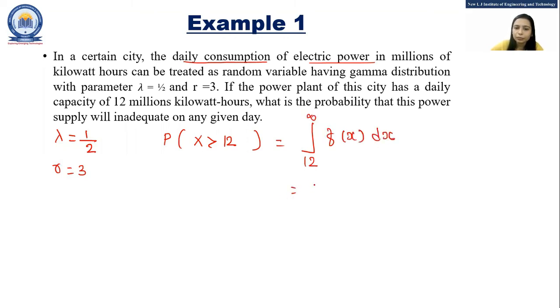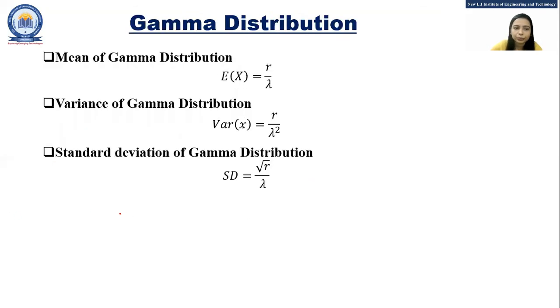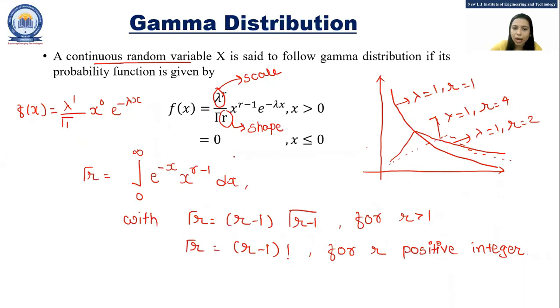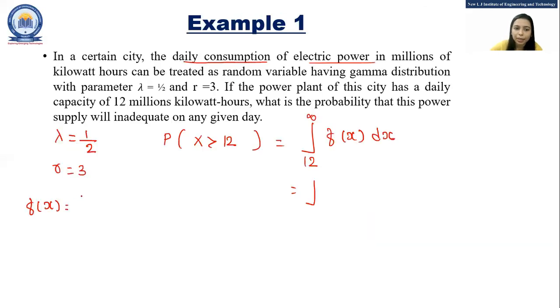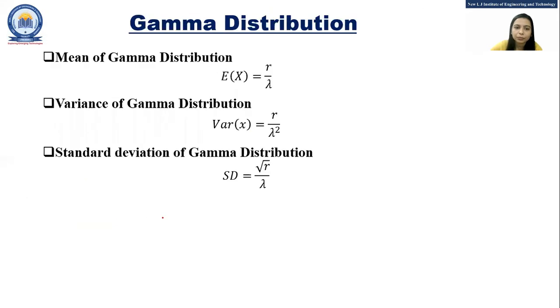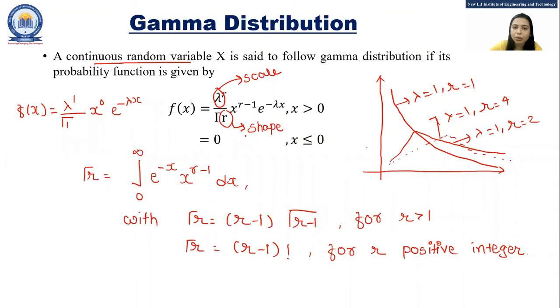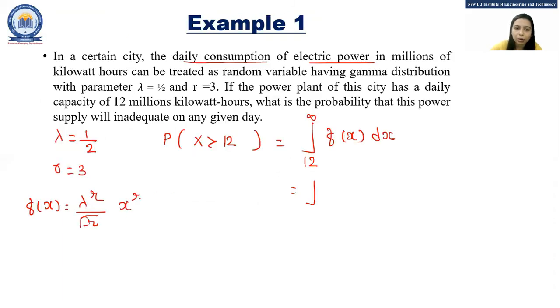Now f of x is equal to lambda raised to r upon gamma r, x raised to r minus 1 and e raised to minus lambda x, for x greater than 0. So lambda raised to r, that is 1 by 2 raised to 3, upon gamma 3.